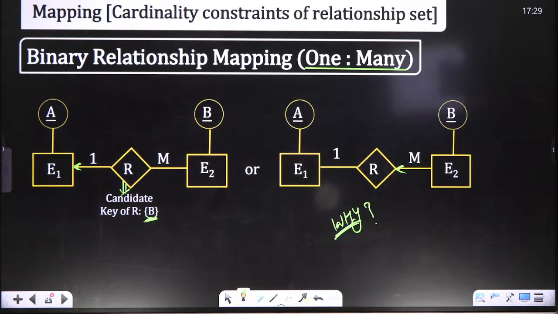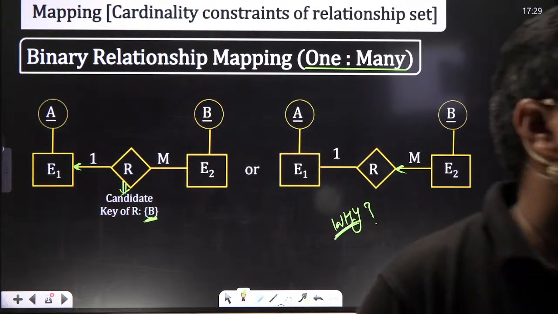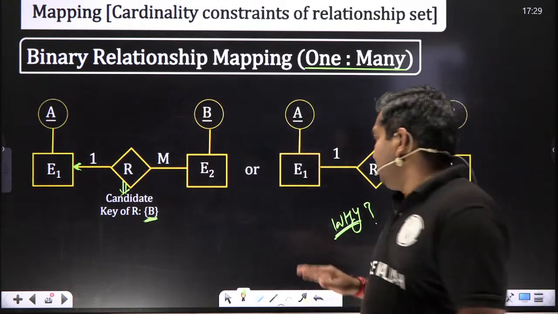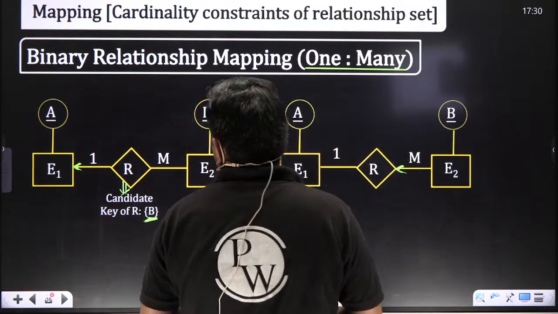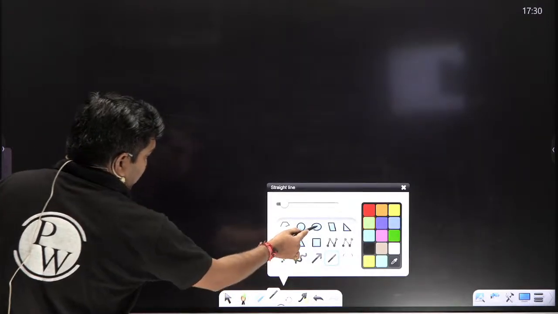Everyone, let me know fast, bachcho. Not getting? Okay, I am explaining. If it is one to many, then how does it look?